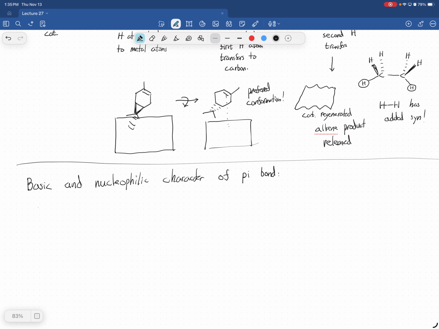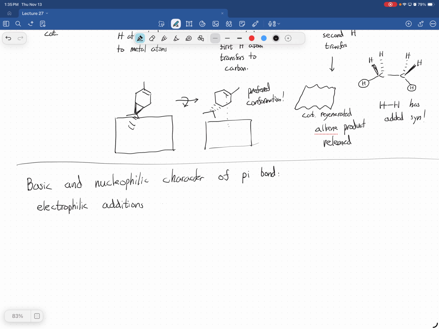All right, so the most common reaction an alkene does is something called electrophilic addition reactions. That's the name of the mechanism, okay? So electrophilic addition. The alkene is a source of electrons, so it's going to add electrophiles to it, okay?